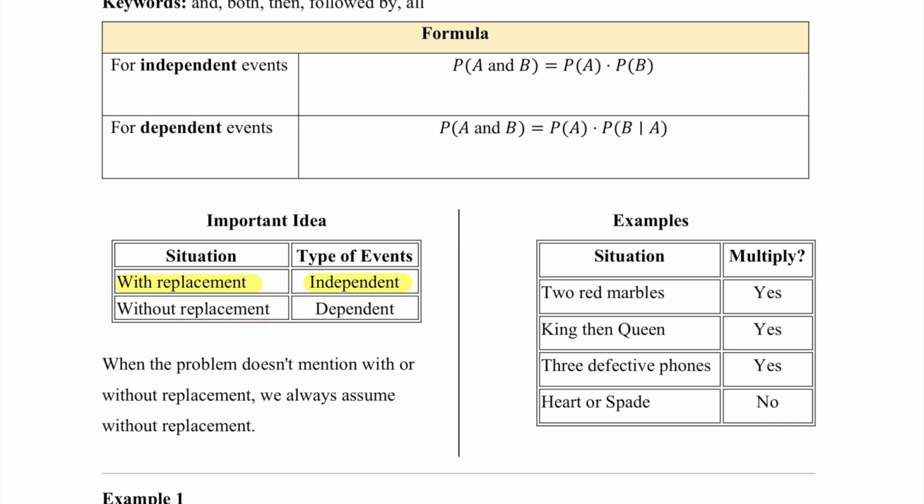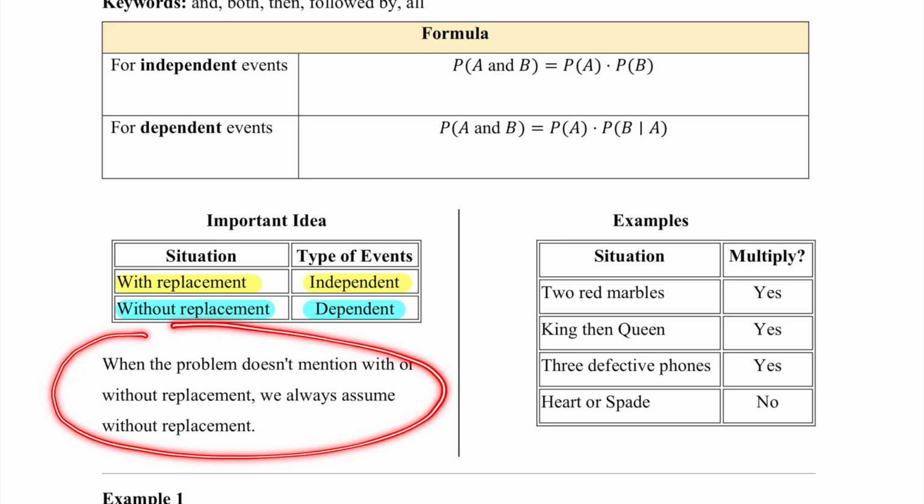Now the total number of objects decreases after each selection. The probabilities change. Those events become dependent. And when the problem does not mention whether the selections are made with or without replacement, we will always assume without replacement.